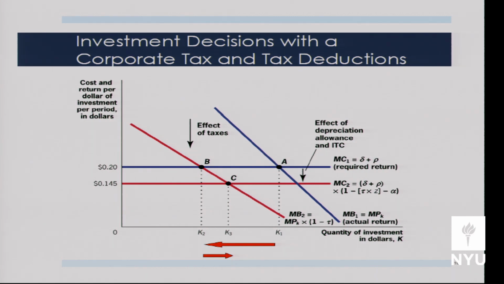We saw exactly that. Okay, so when we went from no taxes whatsoever to having just the income tax but no tax advantages to investments, we went from K1 to K2. Then we're going to introduce depreciation allowances and the investment tax credit, shift the marginal cost curve down to MC2, and we're going to get an equilibrium level of investment of K3.